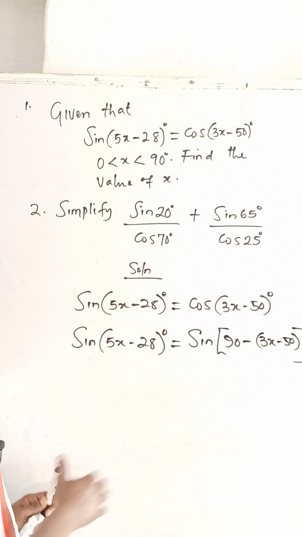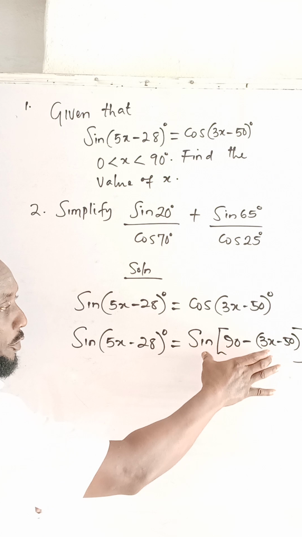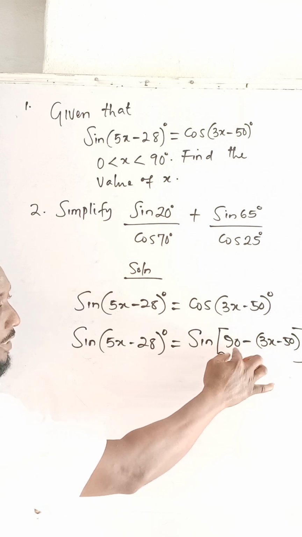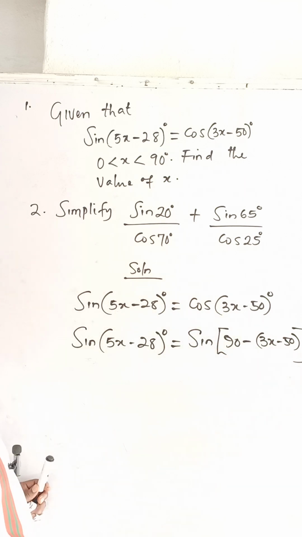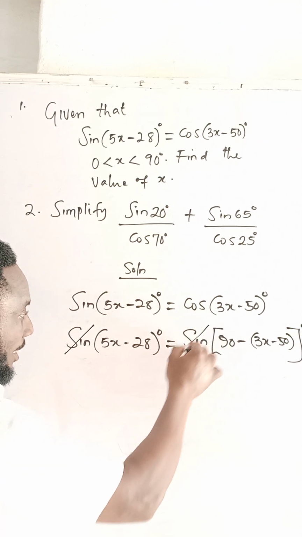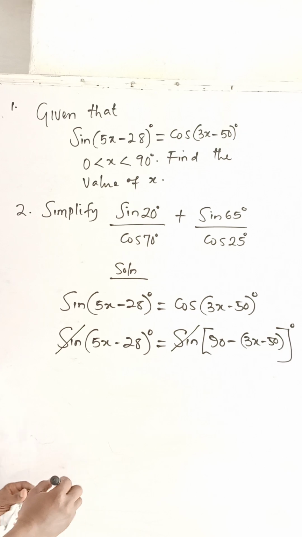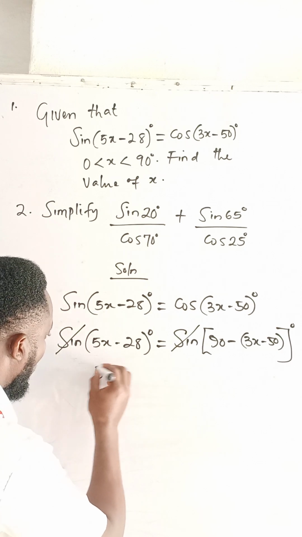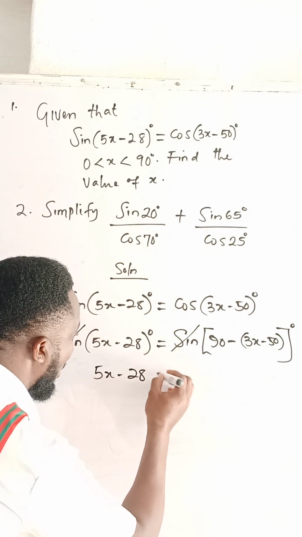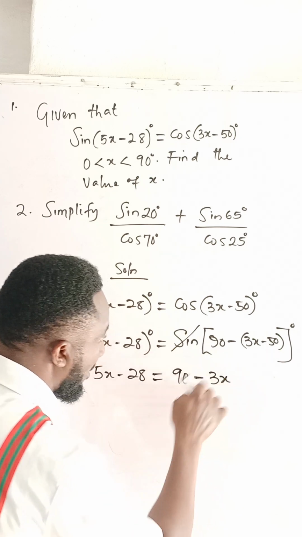As you can see here, the cosine of 3x minus 50, the complementary value is the sine of 90 minus 3x minus 50. So you can see that sine and sine can cancel out. What you have is a simple equation. That gives us 5x minus 28 equals 90 minus 3x minus 50.